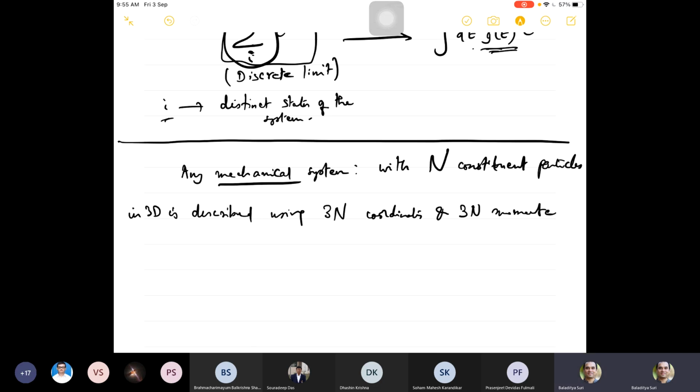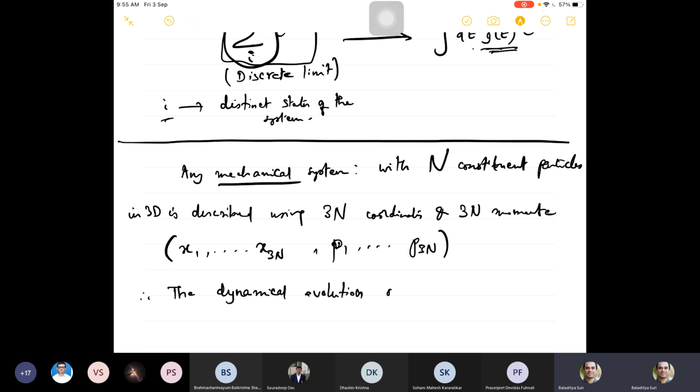Okay, and we call these coordinates x1 to x3n and p1 to p3n. Therefore, the dynamical evolution of the system takes place in a 6n dimensional.